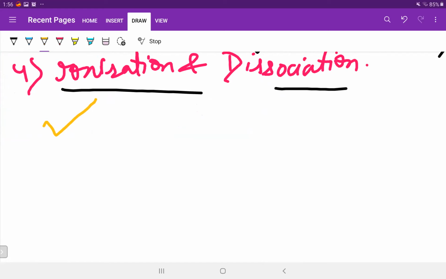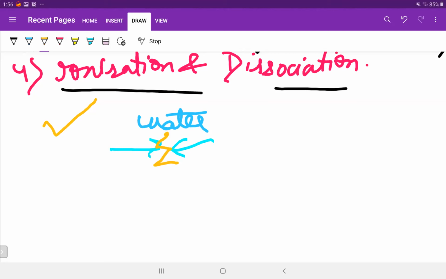This is because the polar solvent like water decreases the electrostatic force of attraction. Every time you were saying that there is a very strong electrostatic force of attraction. Now, the water weakens the strong electrostatic force of attraction, resulting in the formation of free ions.